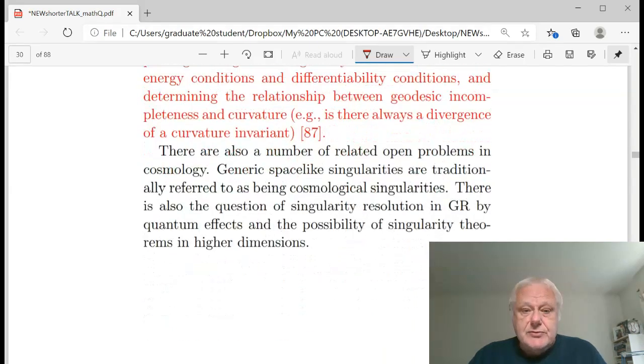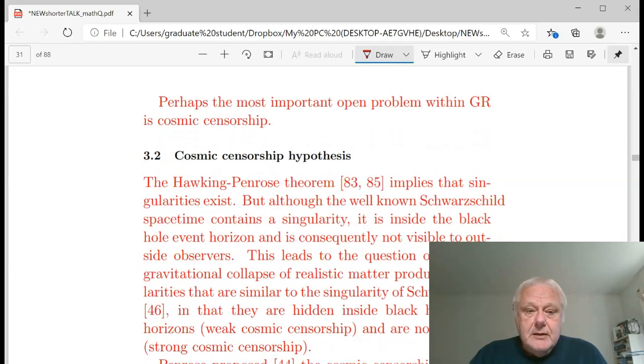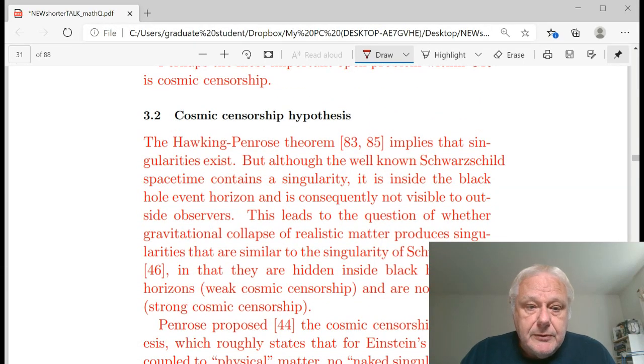But let me just move on to perhaps the one that's of most interest now, the so-called cosmic censorship hypothesis. So the general theorem of Hawking and Penrose implies the existence of a singularity, but doesn't say anything about its nature. The first solution to be found that had a singularity was the Schwarzschild solution, but in the case of the Schwarzschild solution, there exists an event horizon which shields the outside of the horizon, namely us, from the singularity within.